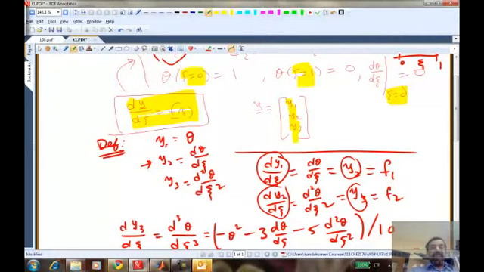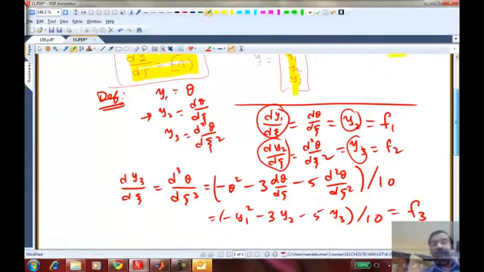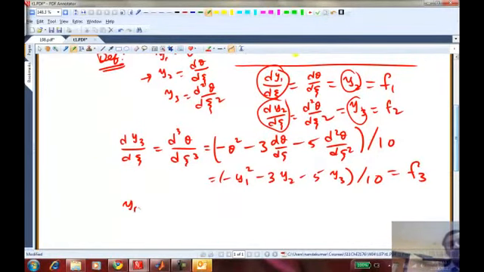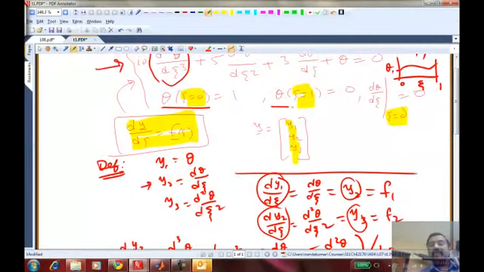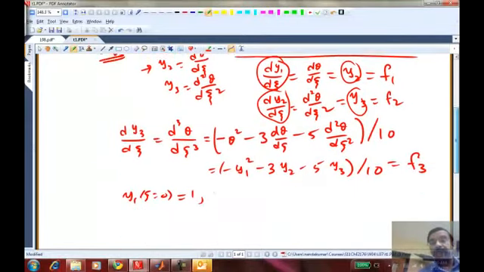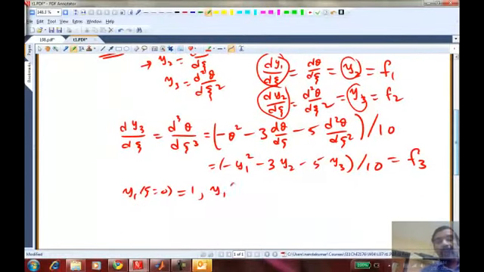Theta is the same as y1, so that condition there will become y1 at psi equal to 0 is 1. Then you look at the next boundary condition. Theta at psi equal to 1 is 0. Theta is still y1. Okay, so it will be y1 at psi equal to 1 is 0.